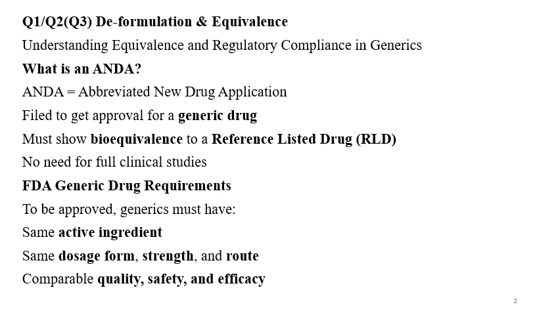To be approved, the generic should have the same active ingredient. The generic formulation should have the same dosage form, strength and route of administration, and it should be pharmaceutically and therapeutically equivalent to the reference formulation. It should have comparable quality, safety and efficacy.